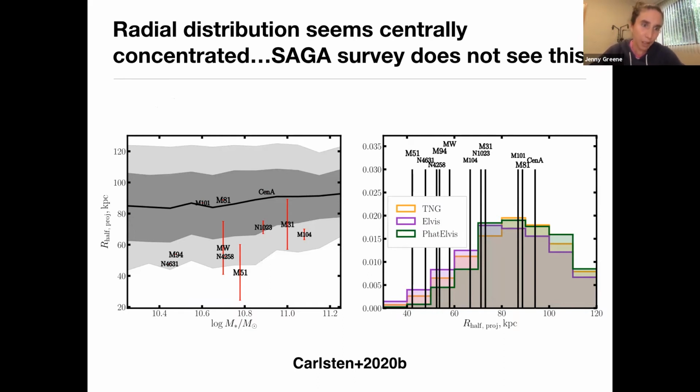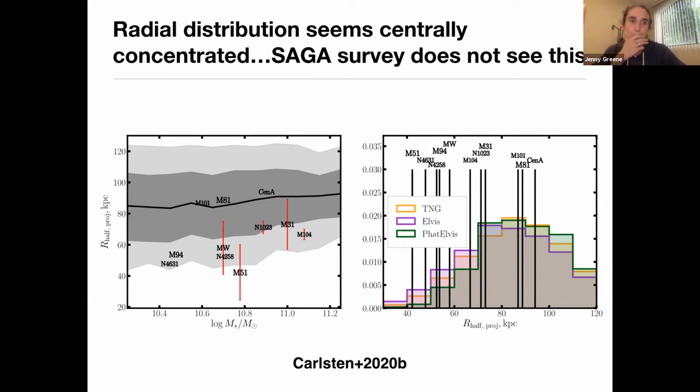So again, grayscale here is the expected half-light radius, where half of your satellites should be, and this is the distribution of observed sizes for the satellite distribution. So in any given case, we're 1 to 2 sigma away from the mean expectation, but we systematically are seeing more centrally concentrated satellite populations. So maybe this is interesting.